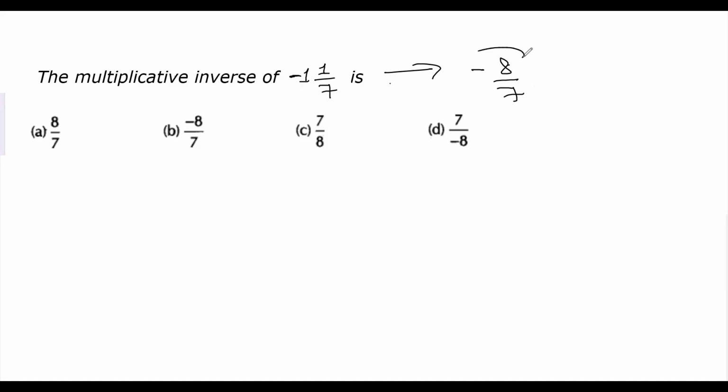Now we have it in improper fraction, and to find the multiplicative inverse, we reciprocate this. On reciprocating, keeping the minus in the numerator, it is minus 7 over 8, which can also be written as 7 over minus 8. So we'll say that D is the correct option.